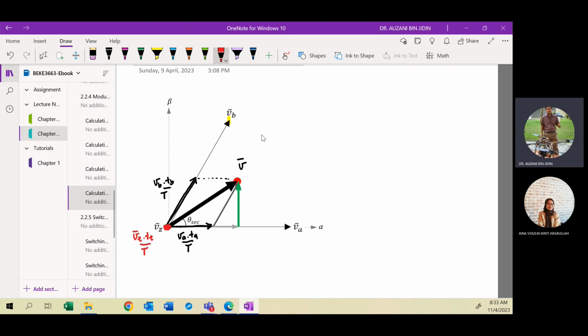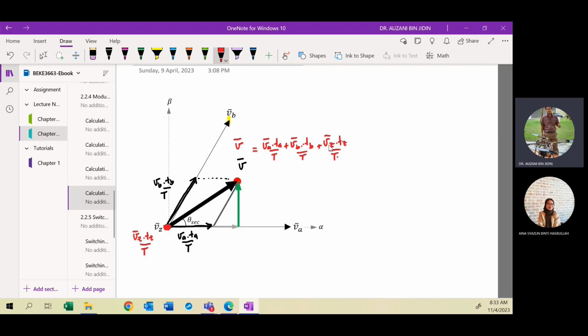So the vector here is the summation of the adjacent vectors, VA times TA per T plus VB times TB per T plus VZ times TZ per T. You can write the equation of the space vector like this, or you can rewrite the equation into another form, a rectangular form, V alpha and V beta.